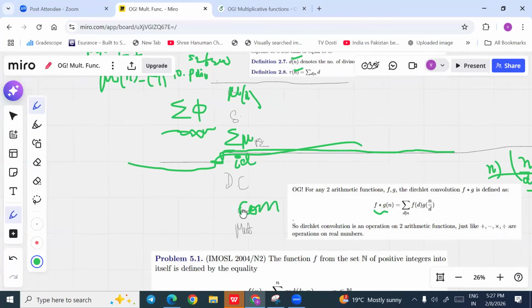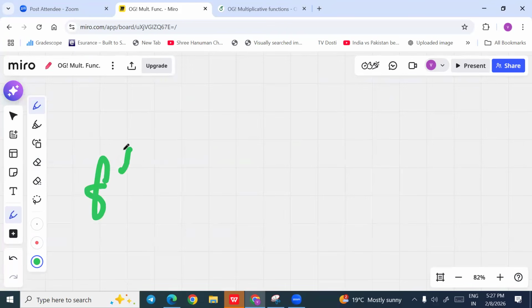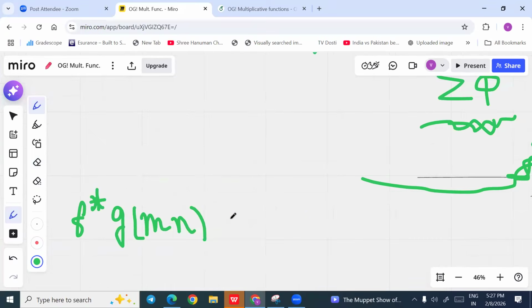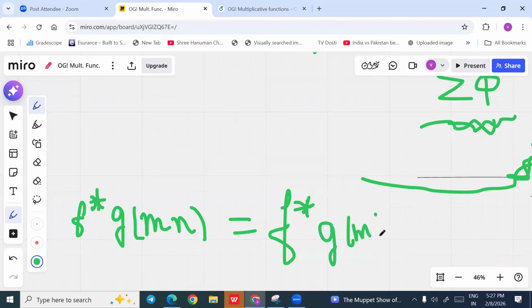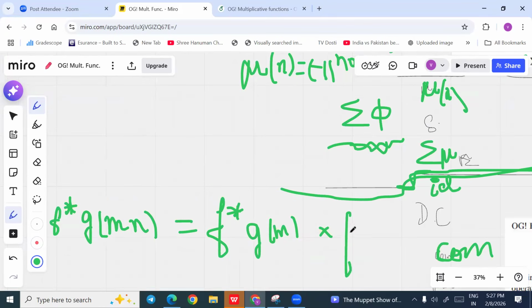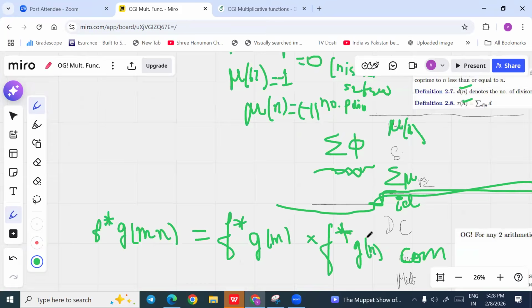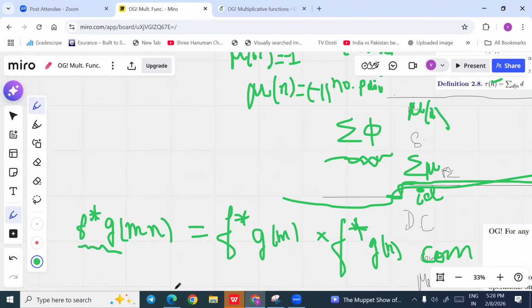So first we'll prove that, say you have f cross g of mn for two coprime numbers m and n, this is in fact equal to f cross g of m times f cross g of n. The necessary precondition is that f and g are themselves multiplicative. So f cross g is indeed multiplicative.